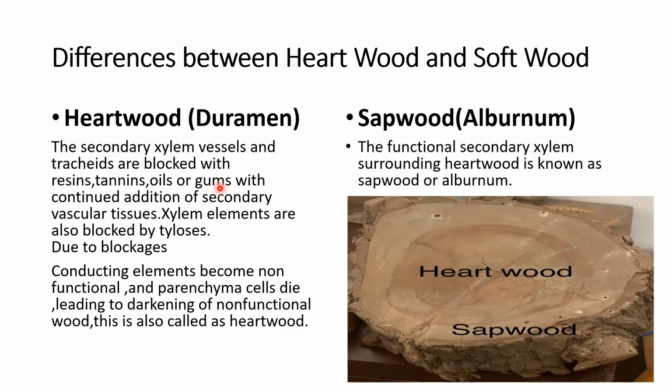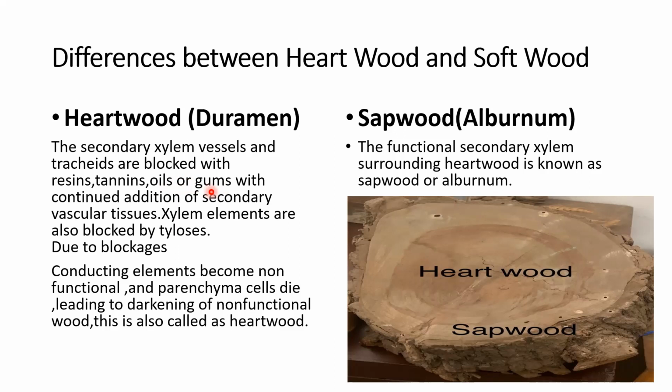Also, old vessels and tracheids will get blocked with ingrowths called tylosis. Old vascular tissue will become non-functional. It will not be able to conduct water and minerals, and new secondary xylem will be helpful in conducting the water and minerals. So old xylem tissue becomes dead and dark in color.